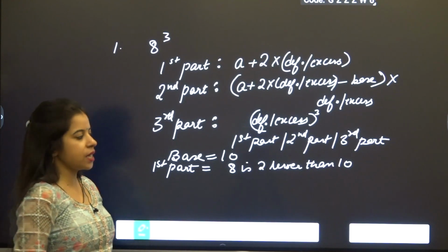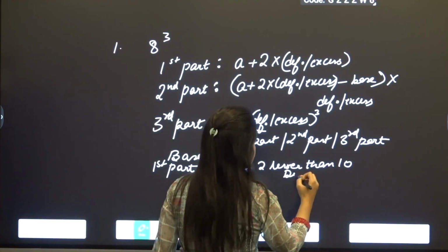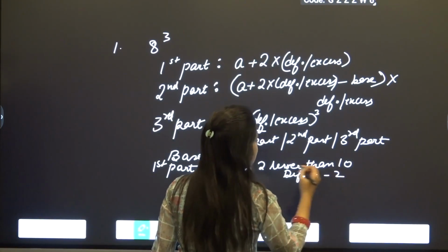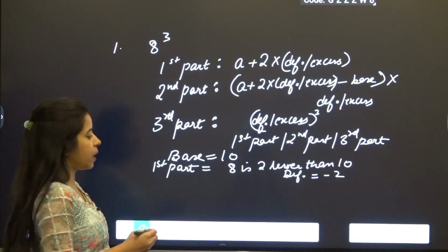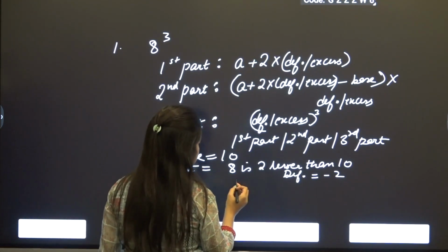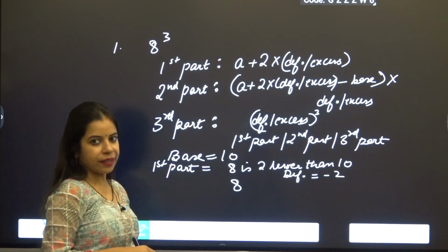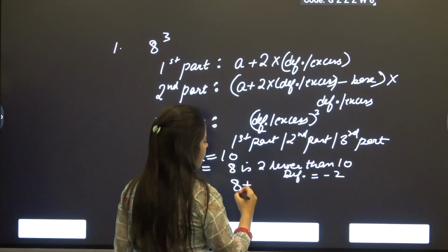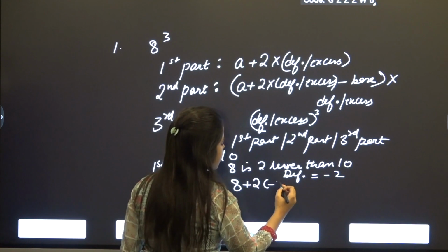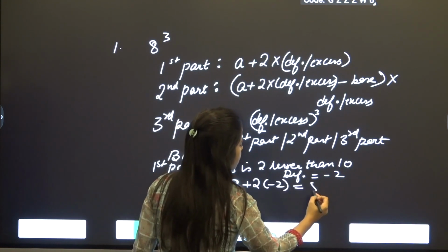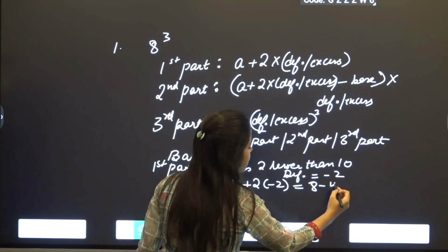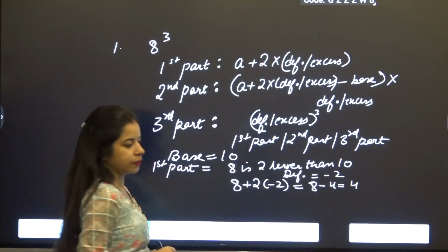So, deficiency is minus 2. So, for the first part, I am going to take 8 plus twice the deficiency, which is minus 2, and I obtain 8 minus 4, which is 4.